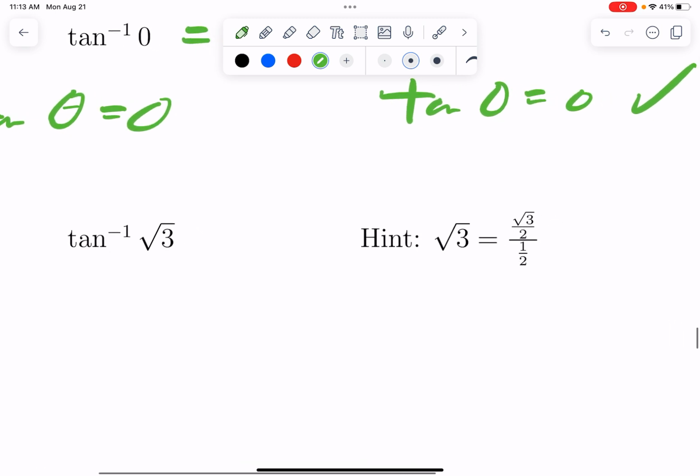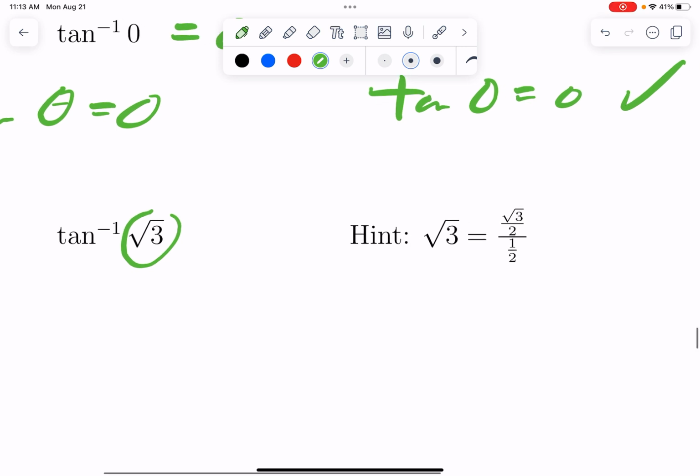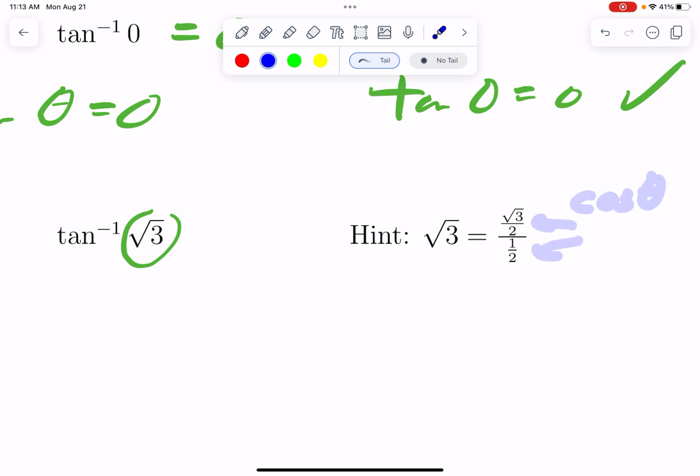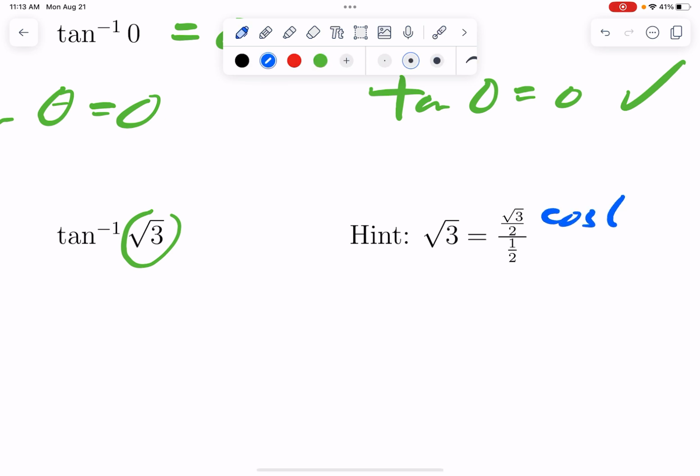Kind of the trick when you see the root 3's is to maybe recreate this. Root 3 is actually root 3 over 2 divided by 1/2. So you could sort of think, can I think of an example where this is cosine of theta up here and this is sine of theta here?